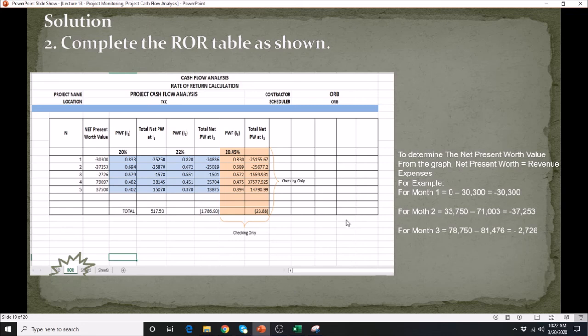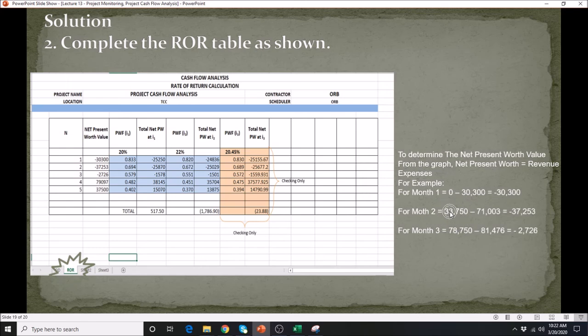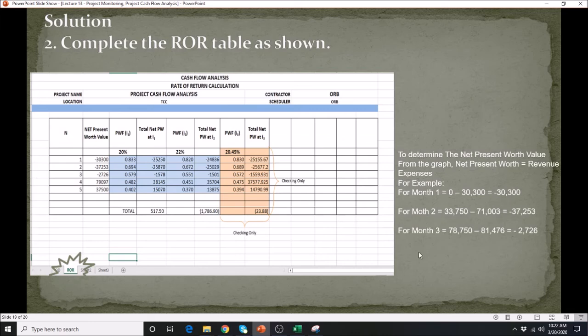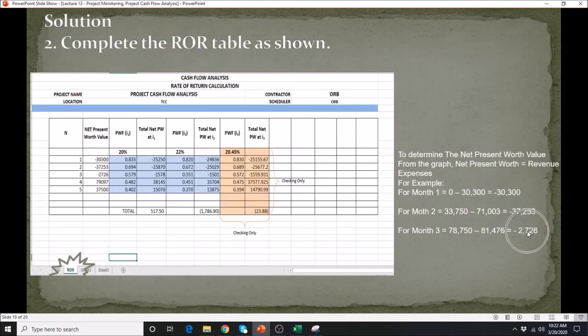The same thing applies for month 2: you go back, take your revenue minus your expenses, and that will give you this value. Then for the third month, you subtract again, 78,000 minus 81,000, and that will give you a negative.